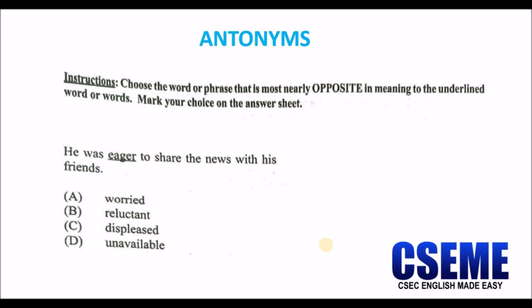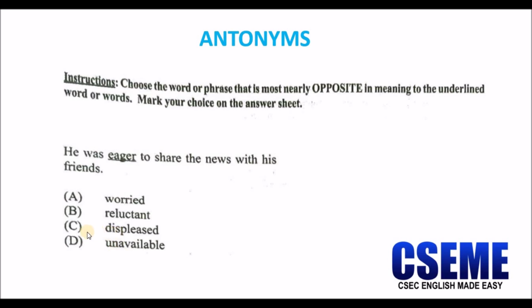Next, he was eager to share the news with his friends. Simple one, right? Based on the context of the word eager, we know that it means excited, really wanted to, the layman's way. And so let us look at our options. Worried, reluctant, displeased, unavailable. All right? Why is it I feel like we're always eliminating C and D in this?